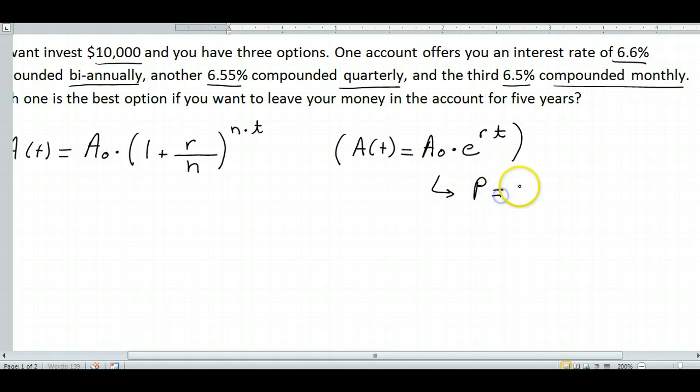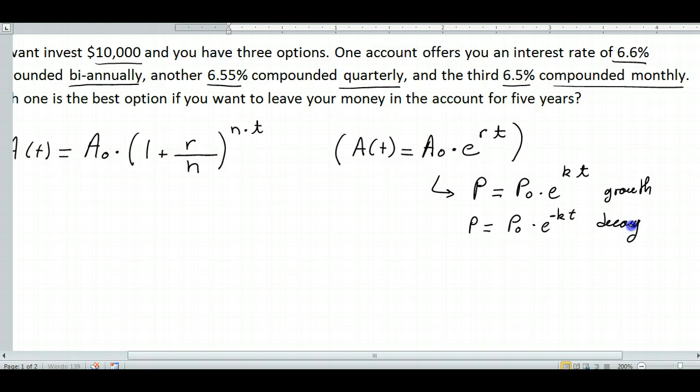In general, growth or decay goes like this: P equals P naught e^(KT) for growth, or P equals P naught e^(-KT) for decay.